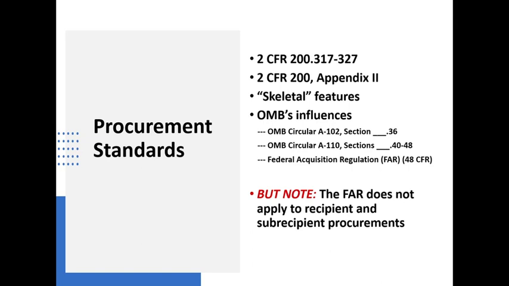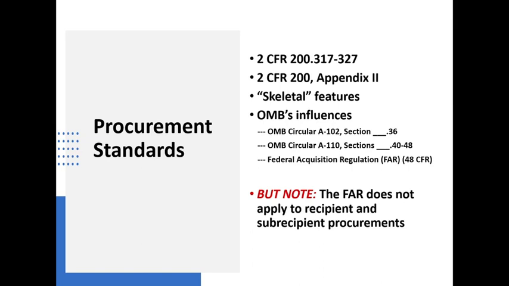On the slide, you'll notice one of the sub-bullets there refers to something called the Federal Acquisition Regulation, which is contained in Title 48 of the Code of Federal Regulations. That's where all the policies related to how the federal government itself engages in purchasing are buried.